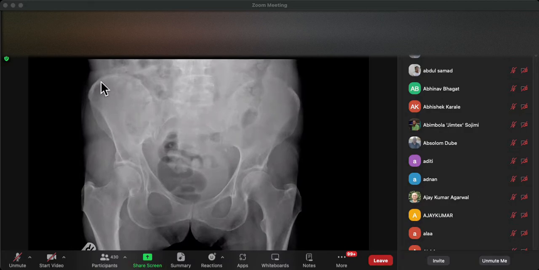The cortex on the right, compare it with the cortex on the left, and we've got destruction of the cortex, and there's a lucency, which is not due to bowel. That lucency is not bowel, that lucency is bone destruction. So we've got a bone metastasis or myeloma in the left iliac blade. And if you're talking about metastases, it could be coming from the breast, bronchus, thyroid, or kidney.